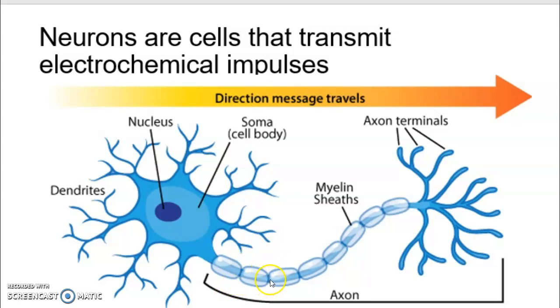As it does that, it changes the charge of the cell. And when that charge changes, it can carry a flow of the charge down the cell toward the end. This requires a lot of active transport of ions, and this is why your brain requires so much energy, because you need lots of ATP to power that pumping of ions in and out of the cell to maintain the proper charge to carry that signal.